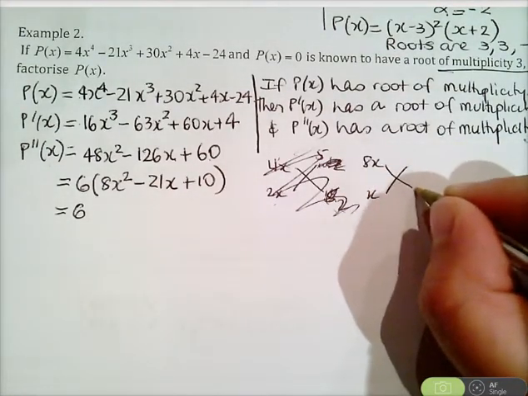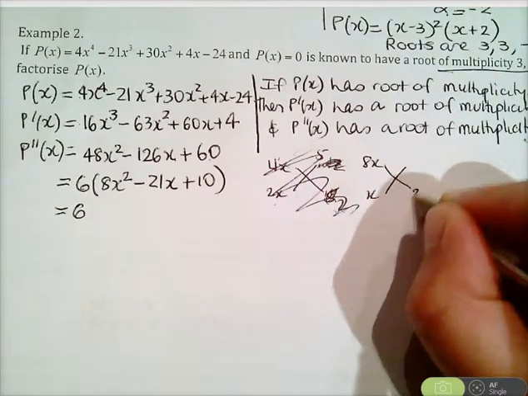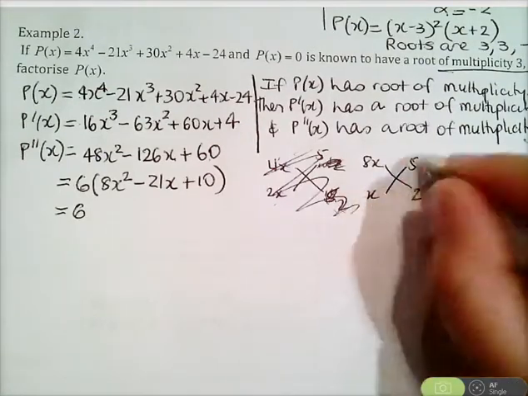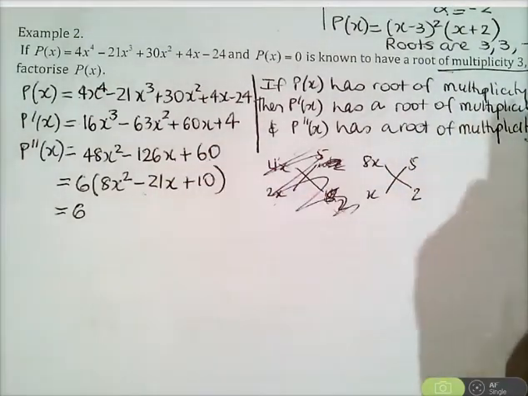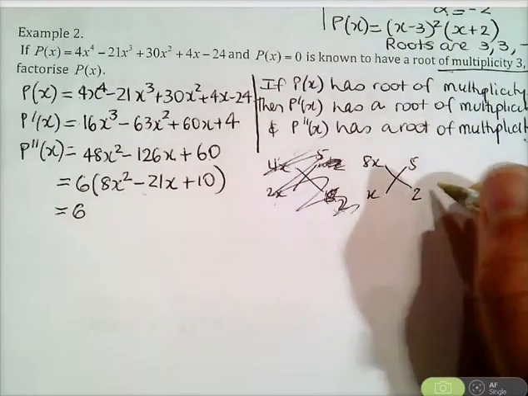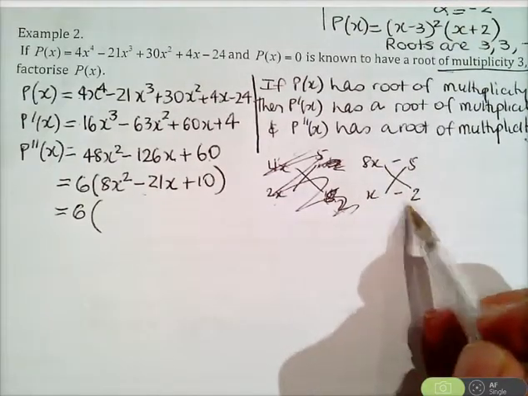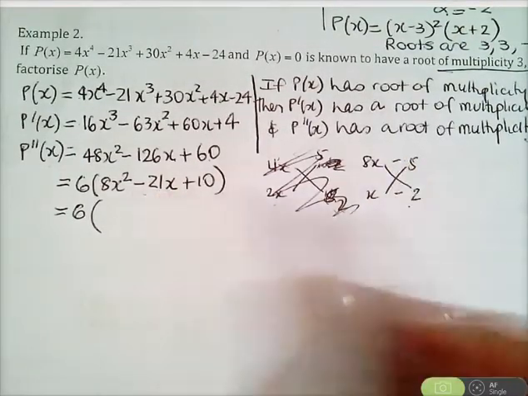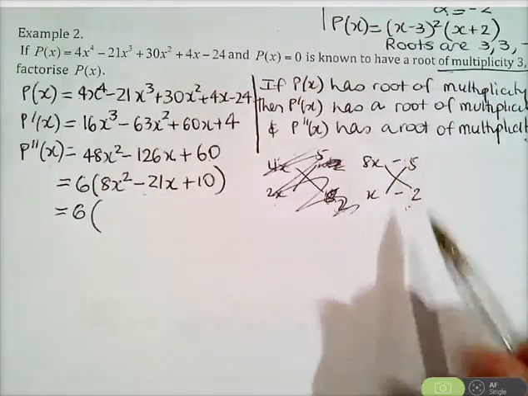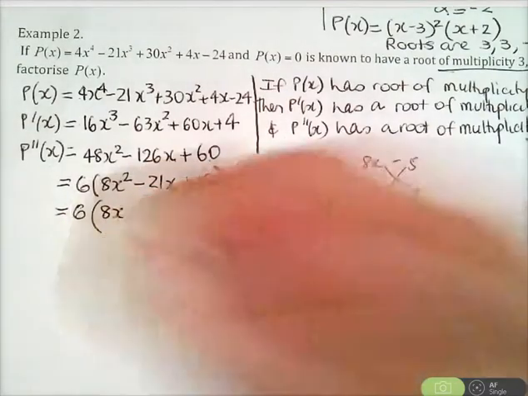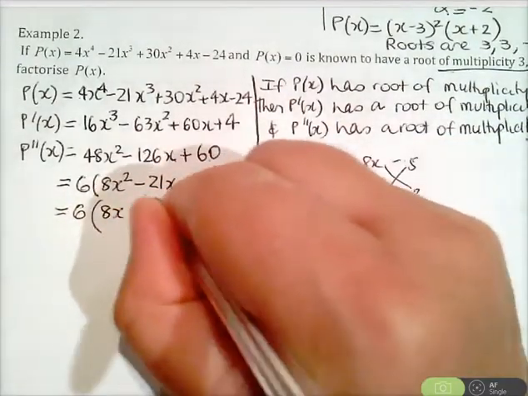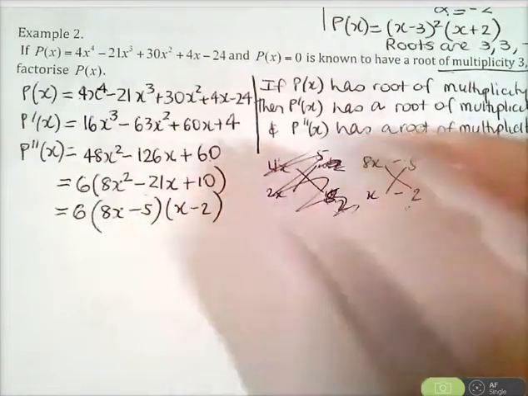Factors of 10, let's try 2 and 5. That'll give me 16, that'll give me 5. They can combine to give 21, so we'll go minus. So we've got minus 16x minus 5x and plus 10 if you multiply those two. So our factorization will be 8x minus 5 times x minus 2.